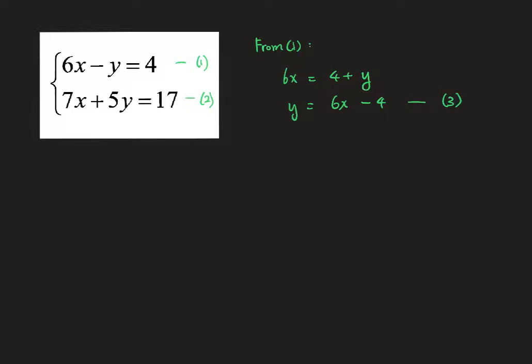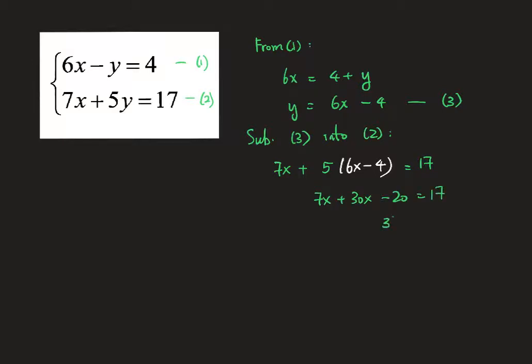Now I can substitute this equation 3 into equation 2. We have 7x plus 5 times the value of y, which is 6x minus 4, equals 17. And x equals 1.